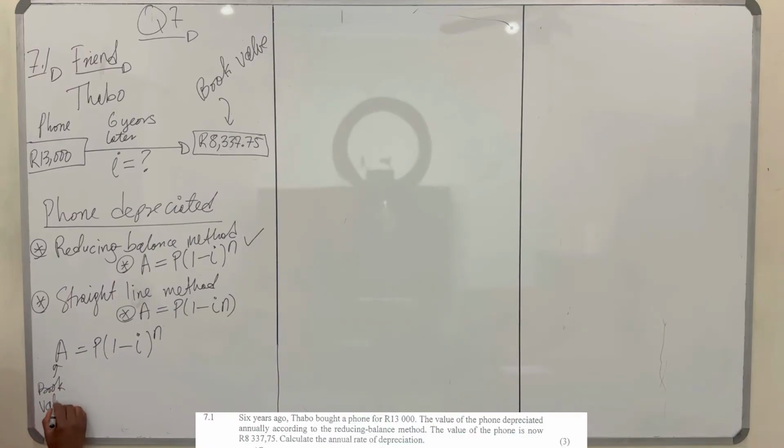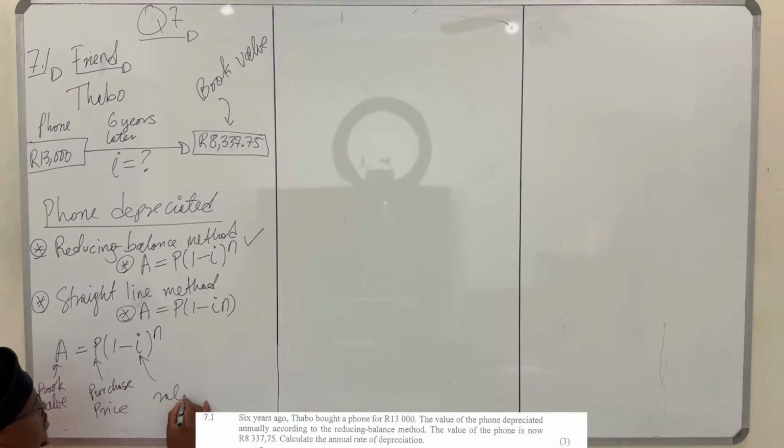And P is your what? Is your purchase price P. How much did you purchase this item for? He purchased it for 13,000. So this is the purchase price. And i is the rate of depreciation.